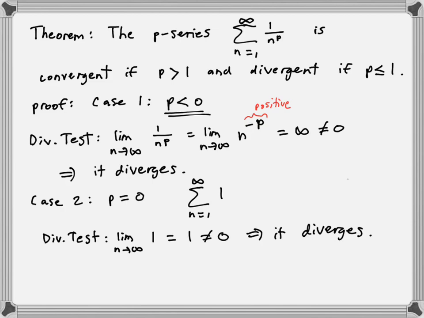So now we're going to do case 3. p is greater than 0. Okay? So we're going to let f of x be 1 over x to the p. Remember, we're assuming that p is positive here, okay? What do we notice about f?